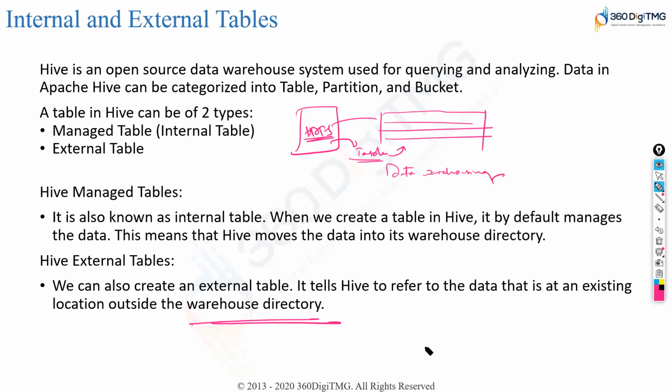And we are interpreting the table structure for that data. So physically, that entire data is stored in the warehouse directory. By default, it will be on the cloud, at the user/hive/warehouse directory. That's the generic syntax. That's the path.